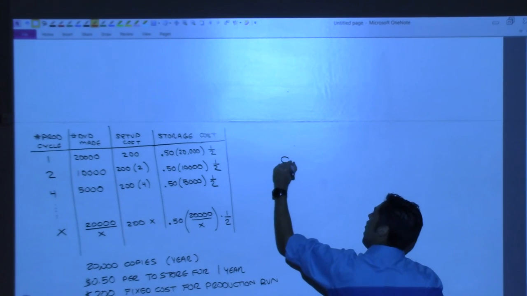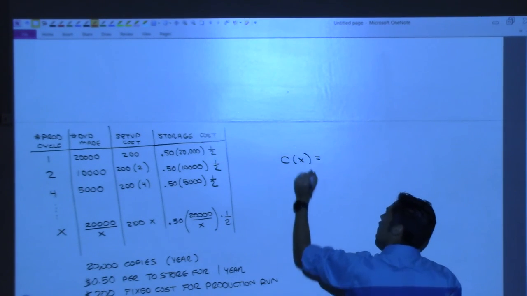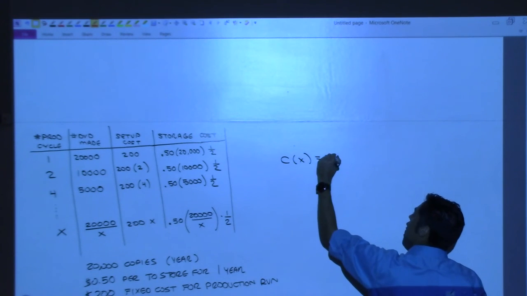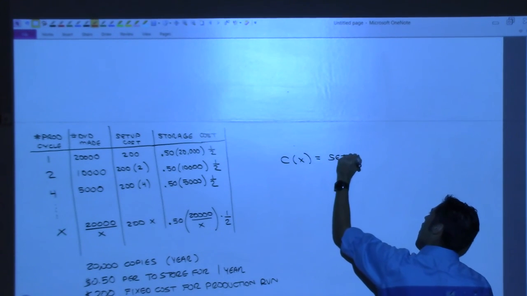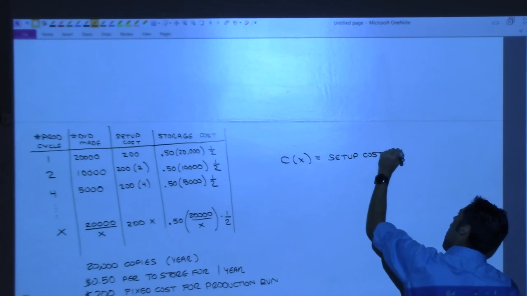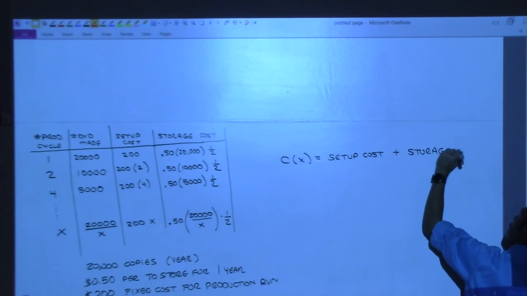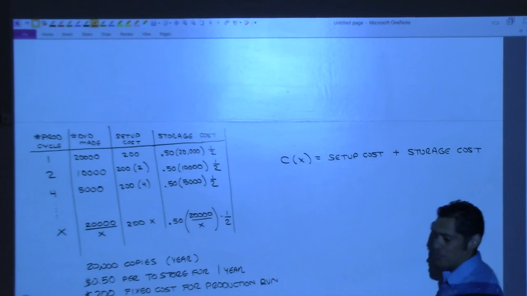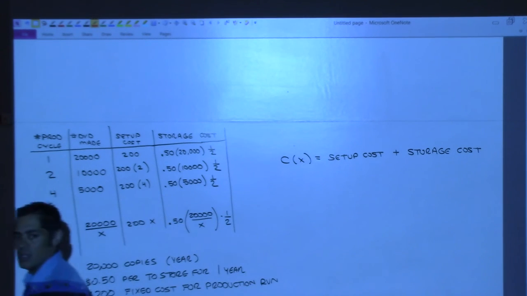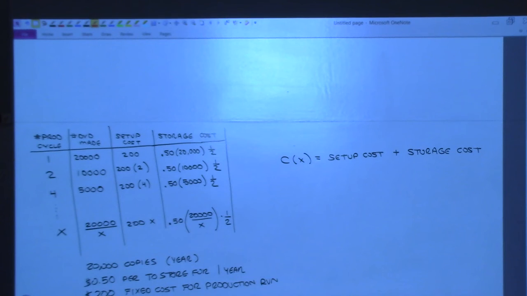Our cost will be our setup cost plus storage cost, right? That's our total cost. What we have to spend: setup, every time we set up, and then the storage.